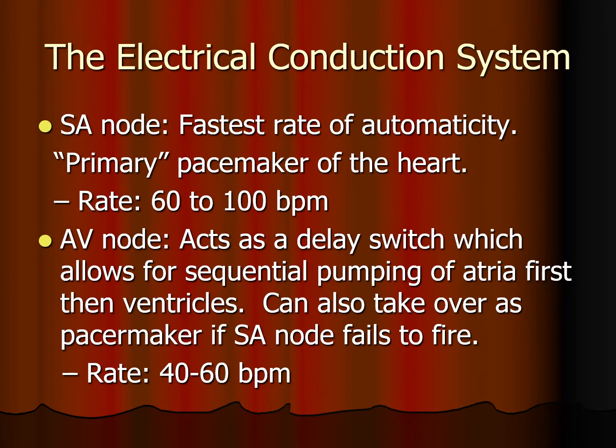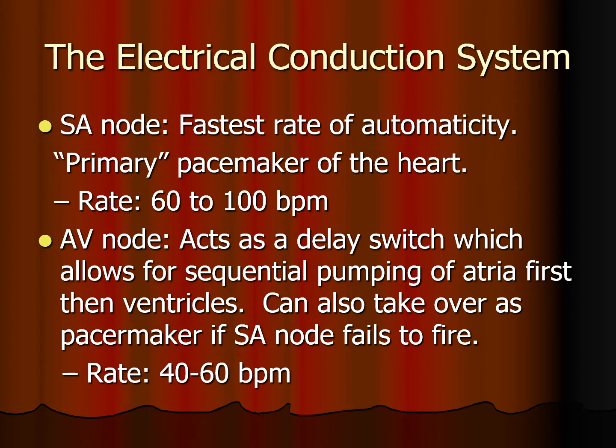All right, electrical conduction system. The SA node has the fastest rate of automaticity. Every single cell in your heart has the ability to make its own electrical impulse, and it likes to follow the leader, so to speak. Usually the fastest rate is the one that gets followed.